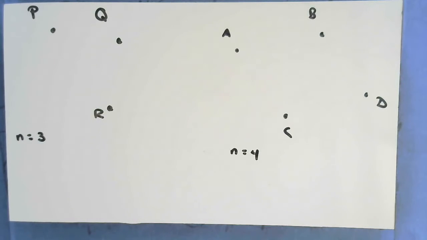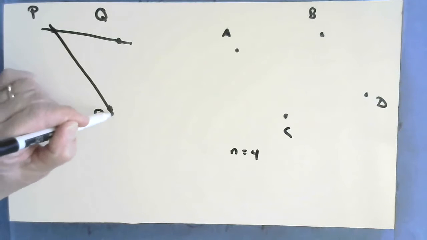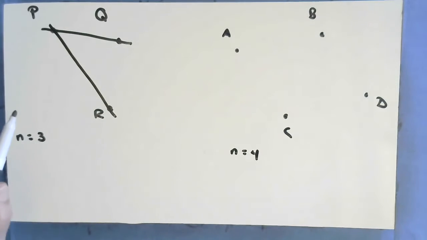So the first thing I notice is when I'm connecting, here's n equals 3 points, and I want to connect 1 point to all the others. If I connect P to Q, I get 1 line like this, and I get 1 line like this. And that gives me 2 lines.